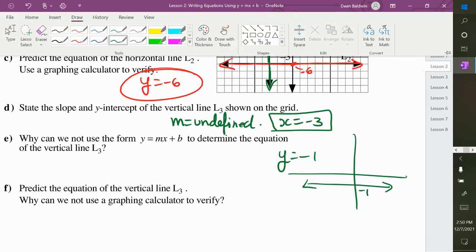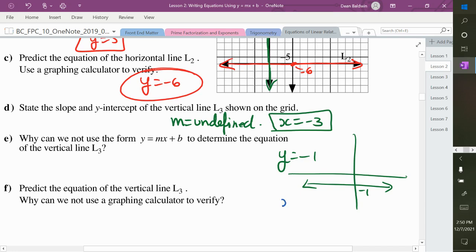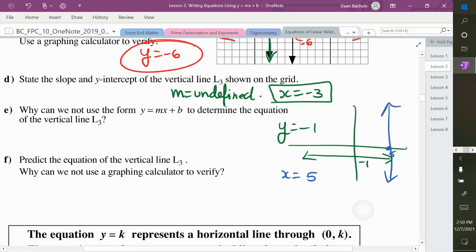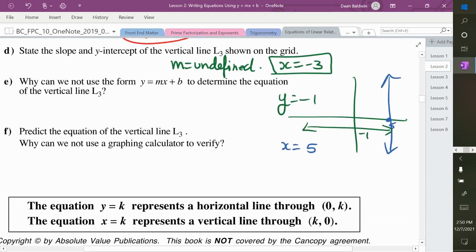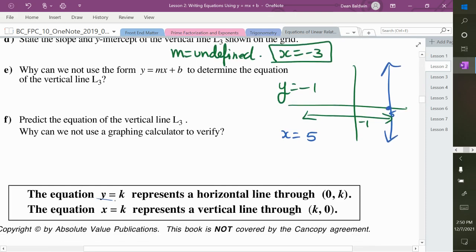If I said x is equal to 5, just mark 5 on your x-axis, and it's a vertical line. You don't have to do anything else, as long as you know those. Is that okay? And that's what it says at the bottom here: y is equal to k represents a horizontal line, and x is equal to k represents a vertical line.